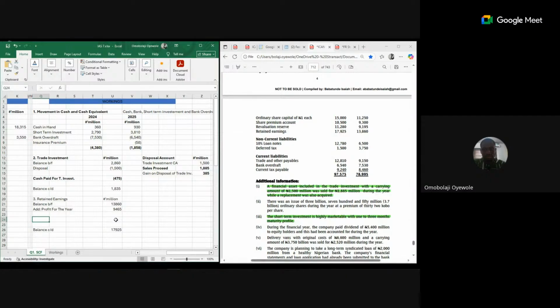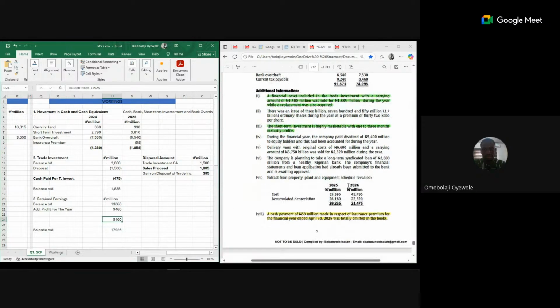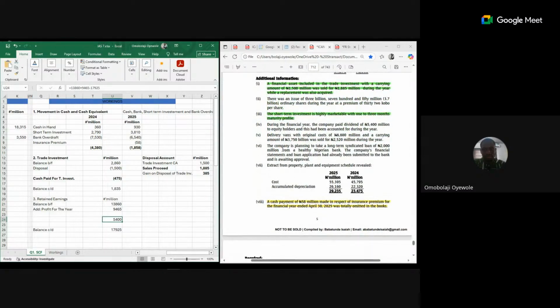So let's add it together. 13,860 plus 9,465 minus 17,925. That will give me 5,400, right? So let's check the additional information. Let's see what the dividend paid is.